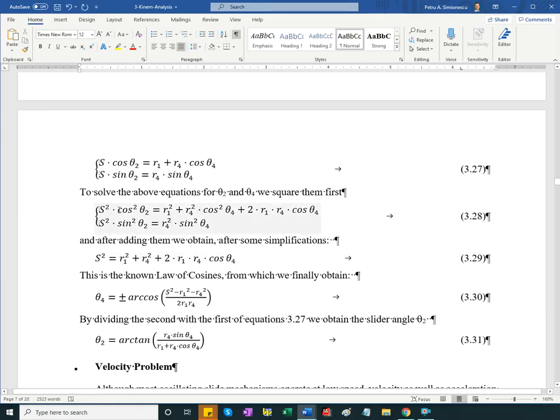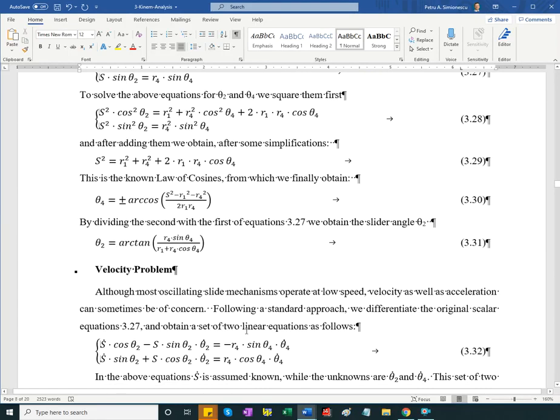Theta 2 disappears after adding these two equations, and what we did, we rediscovered the law of cosines, and we can solve for theta 4 using the arc cosine function. And then to get theta 2, we can take the ratio of the second equation by the first equation and apply the arctangent function. Okay.